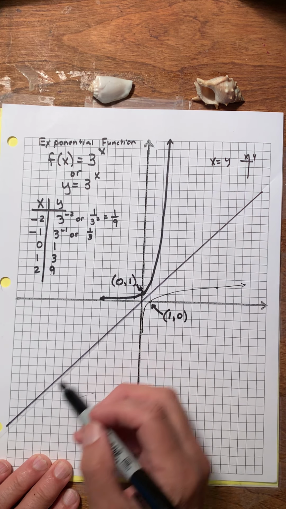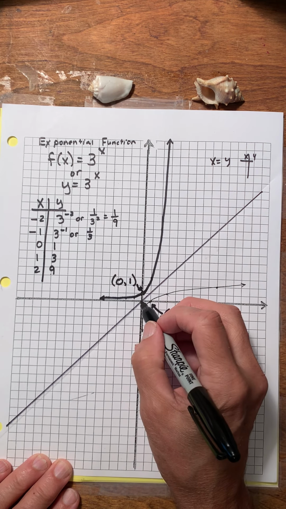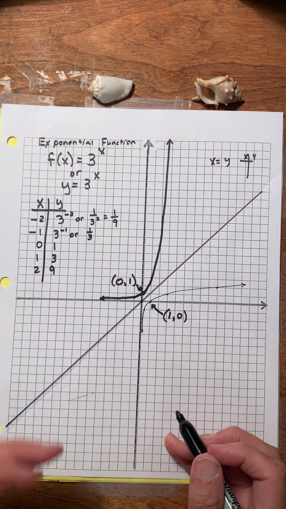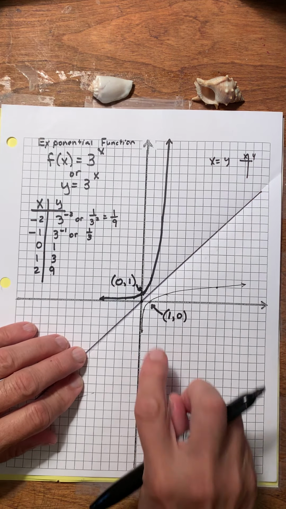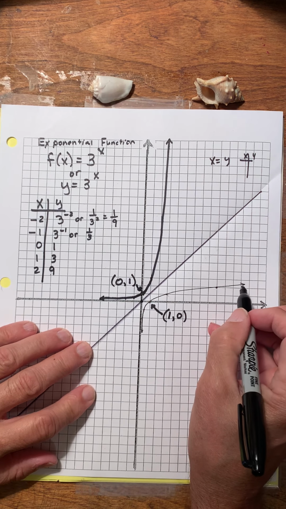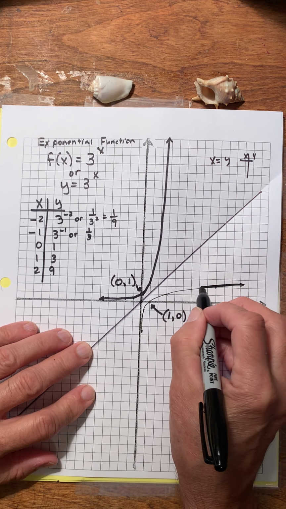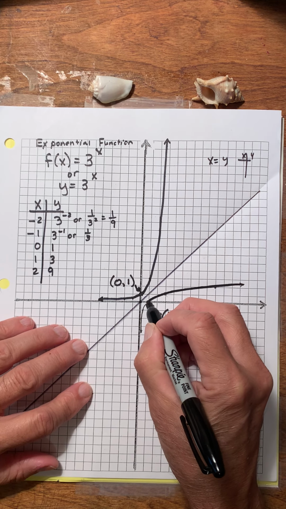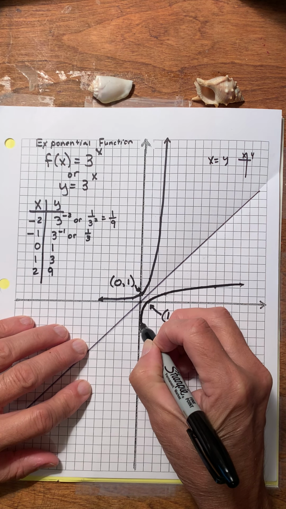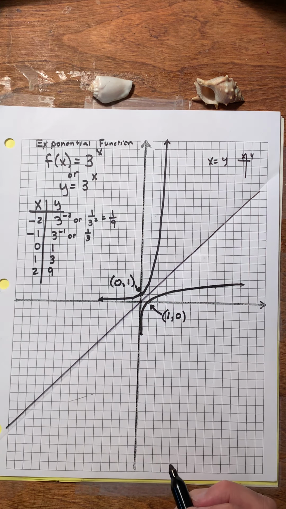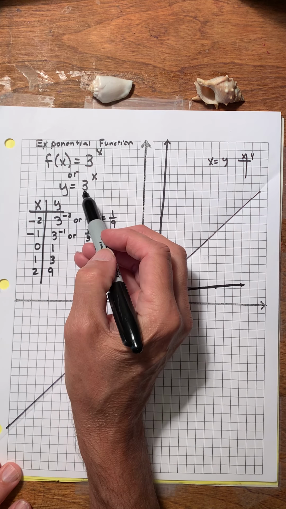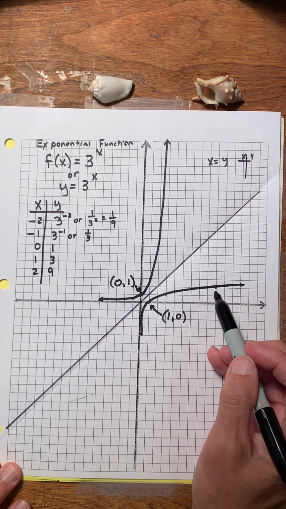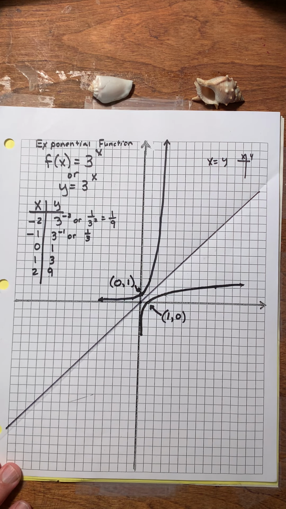This line that goes at a 45-degree angle right through the origin. Just imagine folding it over that, and we will get this graph right here. So this is the graph of my logarithmic function. Exponential function, y equals 3 to the x. Logarithmic function, its inverse.